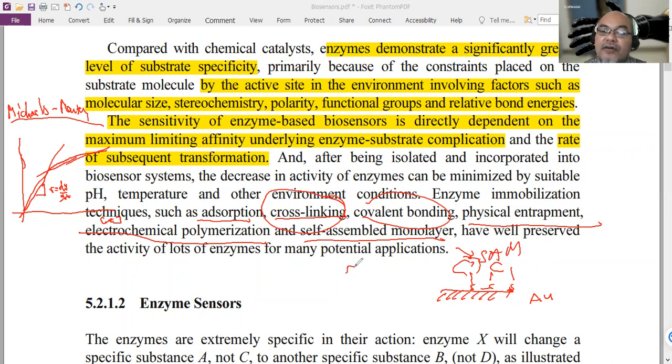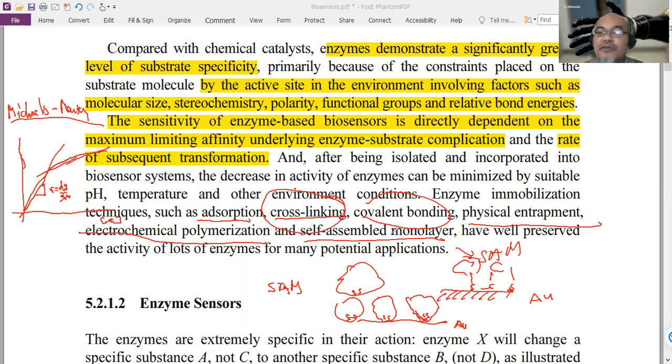Or otherwise, you do some genetic modification on your enzyme to contain a sulfur functional group, at some amino acid, I forgot which, that contains sulfur at some part, so that it will bind to the substrate automatically at that sulfur site. This is if you use gold. This is what we call self-assembled monolayer, SAM.